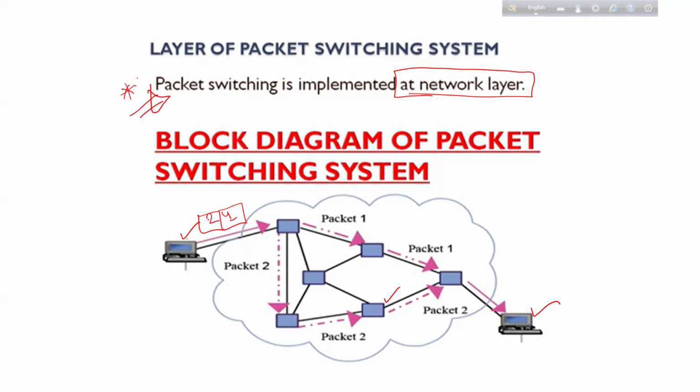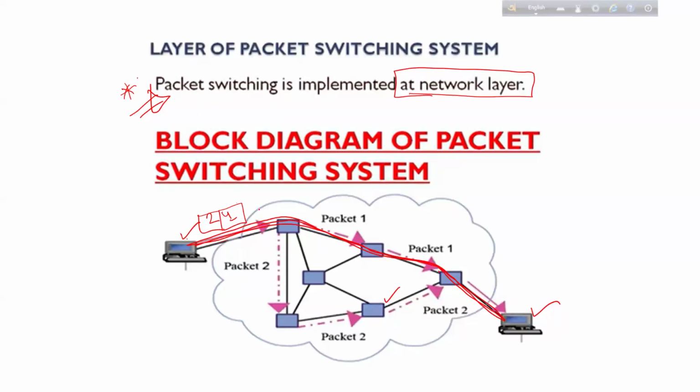But when I am sending these packets, before transmission I will fix some path. Say, for example, I am fixing this path. So I will only use this path and I will send my packets in a particular order.